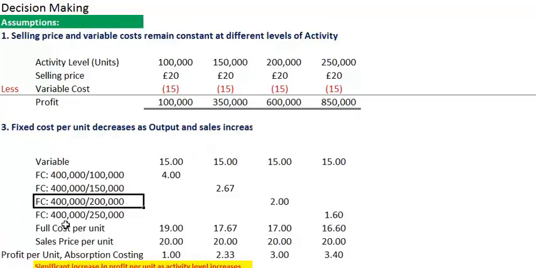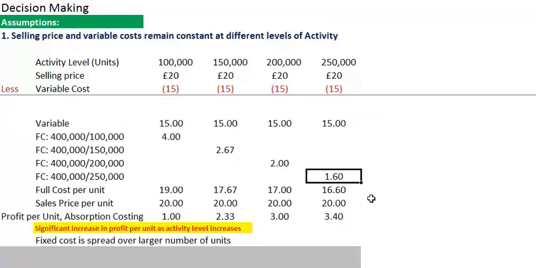When you divide 400,000 fixed cost by 200,000 units, you can see our fixed cost is further reduced to 2 pounds per unit. When we have an activity level of 250,000, 400,000 of fixed cost is spread over 250,000 units, and our fixed cost is further reduced to 1.6 pounds per unit.